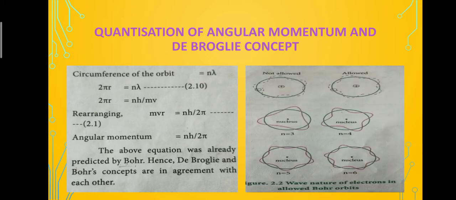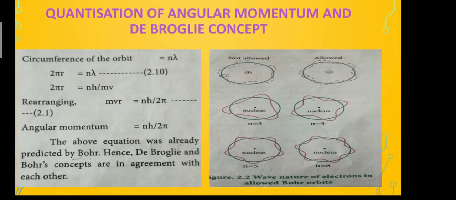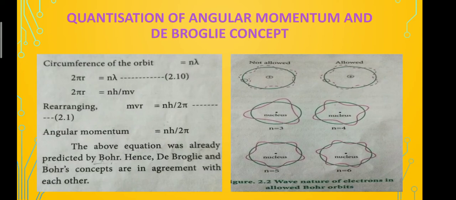Look at this picture here, and this was the allowed wave. This red line is the path where the electron can move like a wave. When the electron moves like a wave, these are the allowed paths. Actually the electrons are not exactly moving in a circular way, it is moving like a wave.